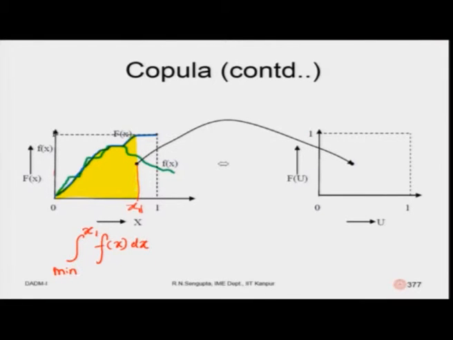So, this is the case, and that would be mapped onto the uniform continuous case. So, if you want to map it, continuous f of u du from uniform, remember the standardized uniform continuous case is between 0 and 1.